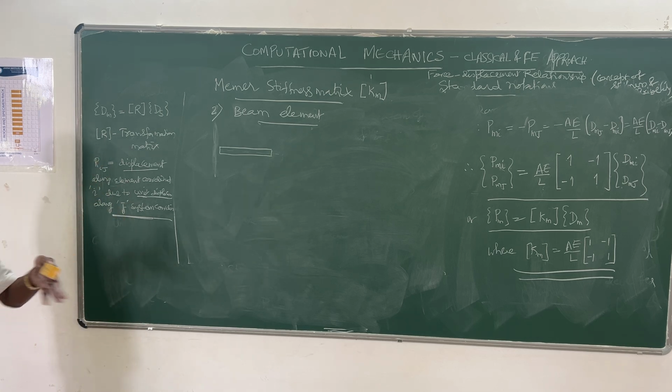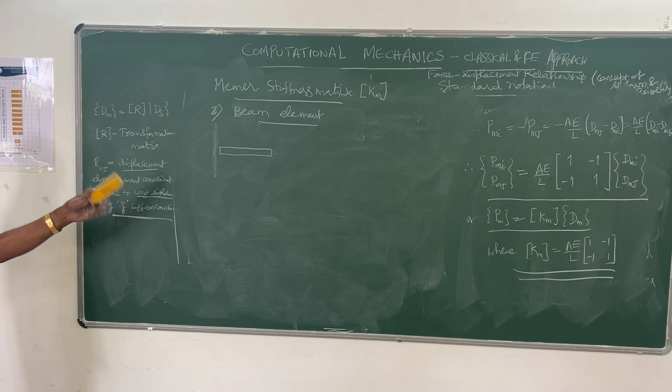Global and local coincide. Right? How I define the beam? It's a one-dimensional element when all elements lie only along a line, and local axis along that line. Global axis horizontal only. They are coinciding. You see the beauty. So that's why beams are simpler.